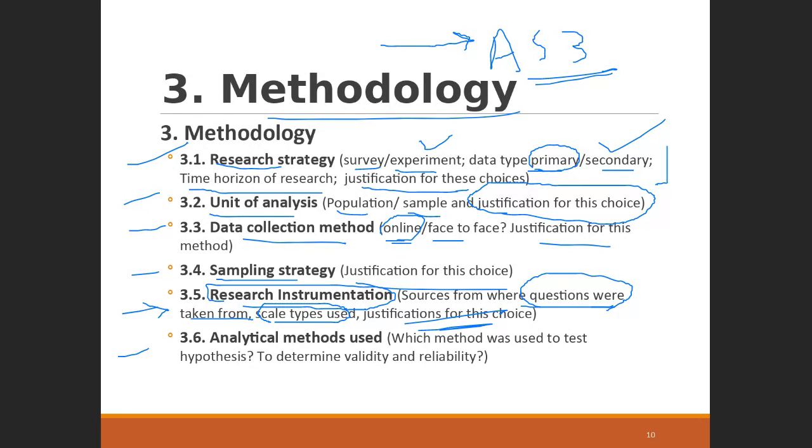Remember that in one of our discussion question activities, you needed to justify the job satisfaction research instrument, the job satisfaction scale. There were plenty of different scales available to measure job satisfaction, and you needed to justify why you chose one questionnaire over another.